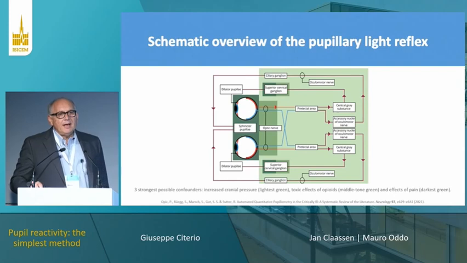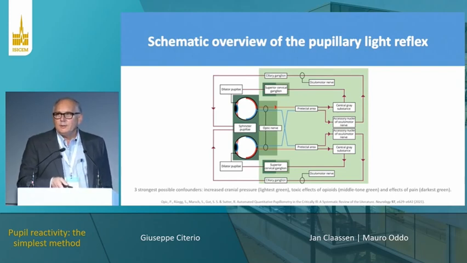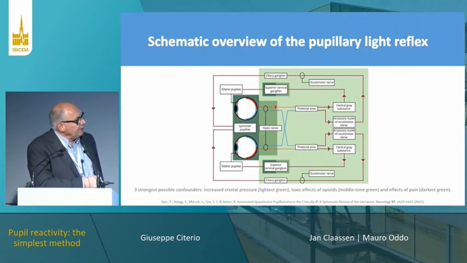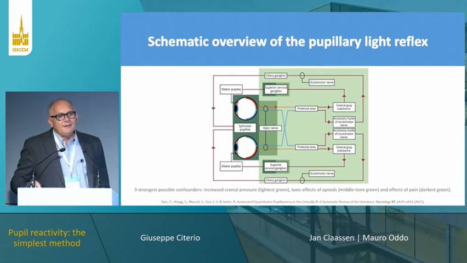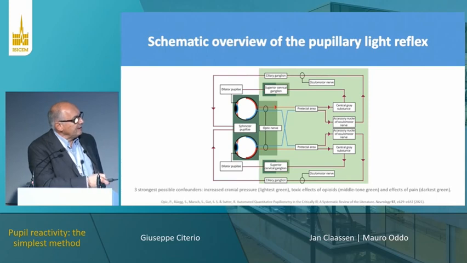Looking at the background, today you will hear about a lot of technology we can apply at the bedside. The pupillary reflex is very simple, 3 neurons. And as you can see from this color, we can have some interference by opioids, by the light, high intracranial pressure compressing the brainstem or the third cranial nerve.